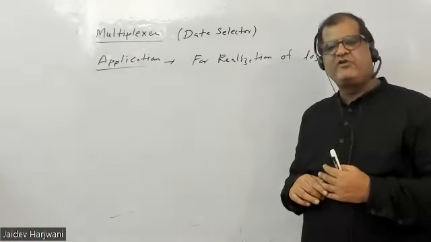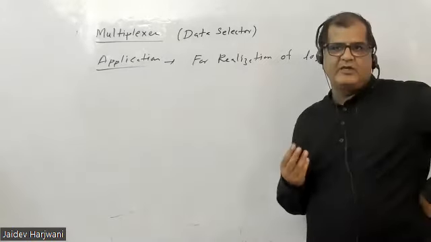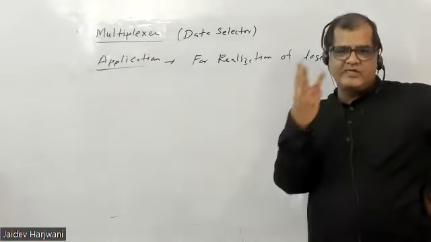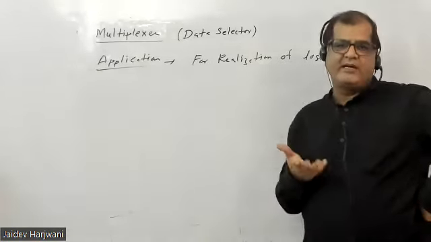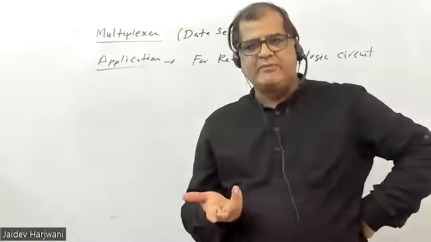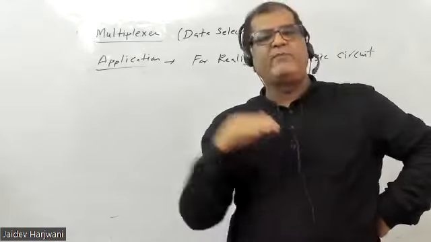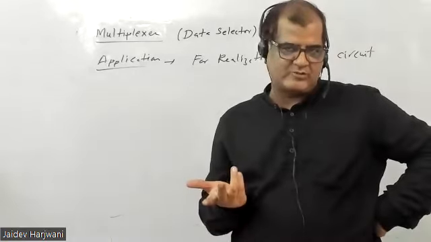Okay, if you have a 3 variable function, you need 3 select lines, because 3 variable means A, B, C. There are 3 select lines, so you want an 8 into 1 multiplexer to implement. If you have a 2 variable function, you need a 4 into 1 mux, but it's not like that always. Even if you have a 3 variable function, you can implement it using two select lines, that means a 4 into 1 multiplexer also.